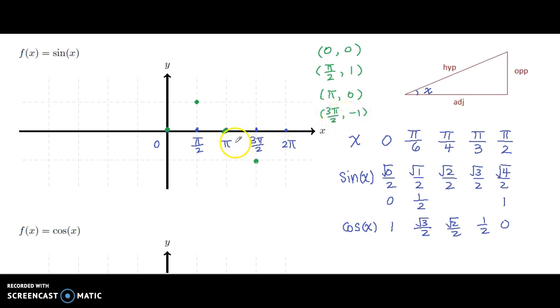So you can verify that in your calculator. And sine of 2 pi, we get 0. And then we just connect these 5 points with a smooth curve. And that's one period of the sine function. And then we just make copies to get the rest of the graph.